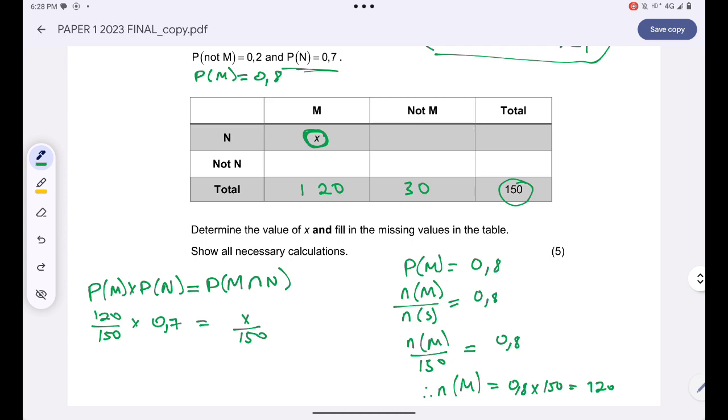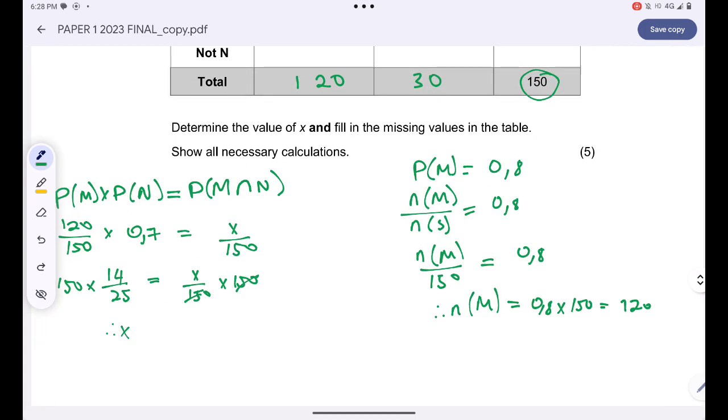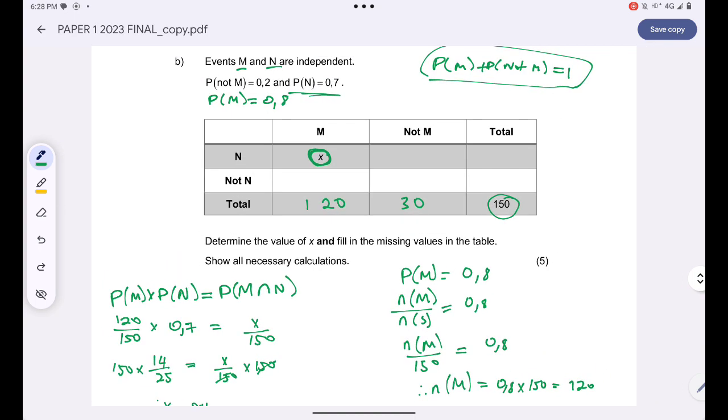This will just give us 14 over 25 is just equal to X over 150. If I multiply both sides by 150, this will cancel this, and therefore X is just equal to 84. X is just equal to 84, guys, né?